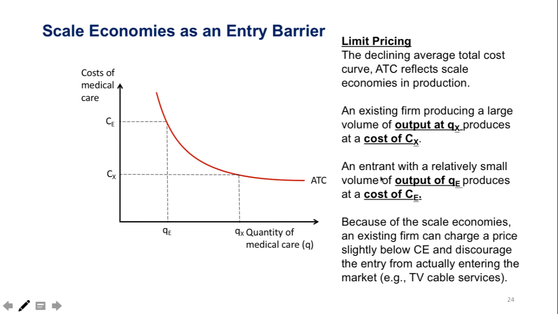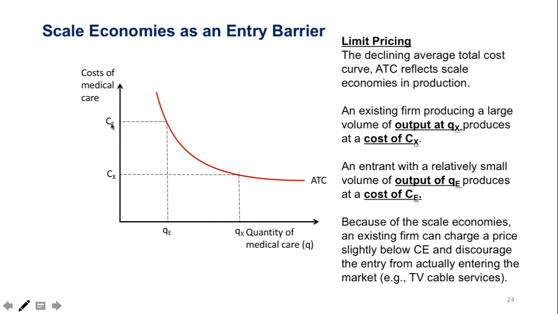So the bigger companies, by mass production, can produce at this level, so they can cut the cost. The big hospital is producing at this level. At a higher production level, they have lower costs compared to the new small hospital.